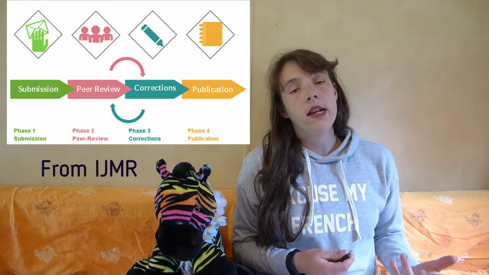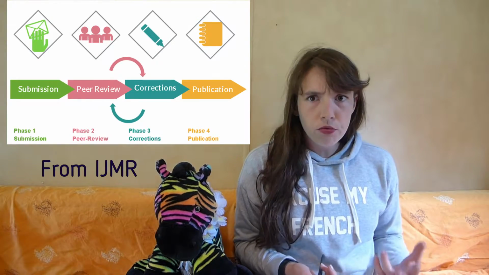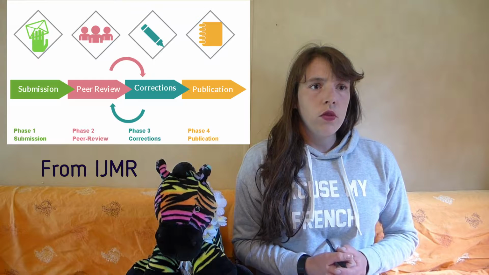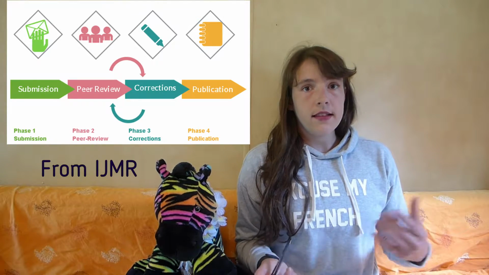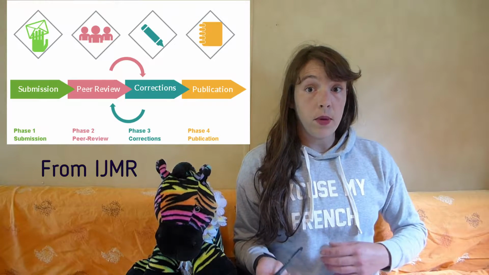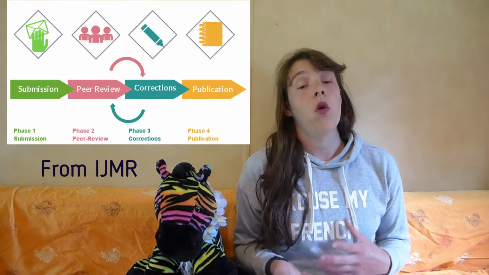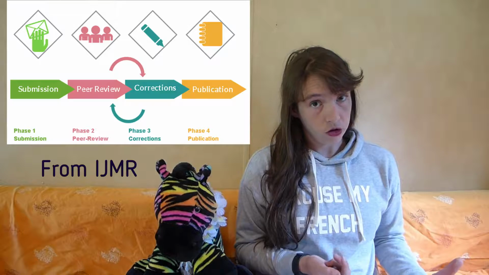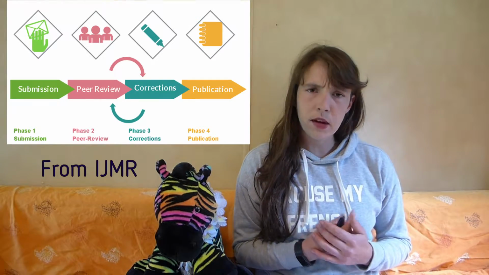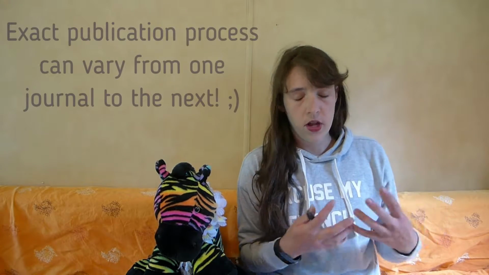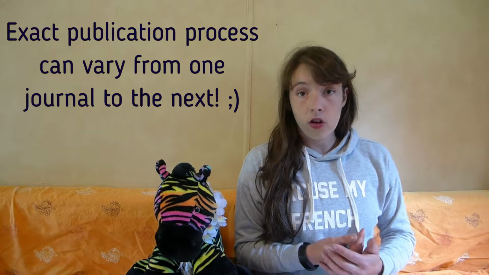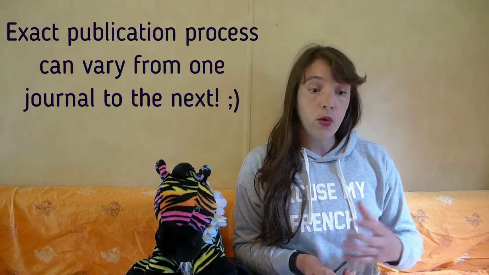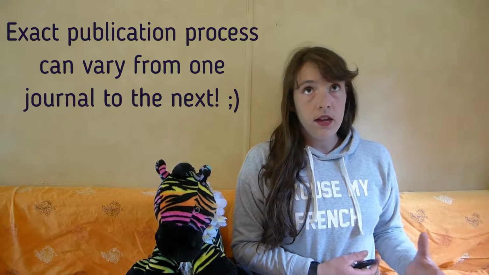That journal will then normally get 2 reviewers to go through your paper, and they will say whether your paper is good enough to be accepted, whether it needs correction, or whether it should be rejected by the journal. It's a process of peer reviewing, as we call it, and it should be anonymous, and the people reviewing your paper should be, in theory, experts in the field as well.